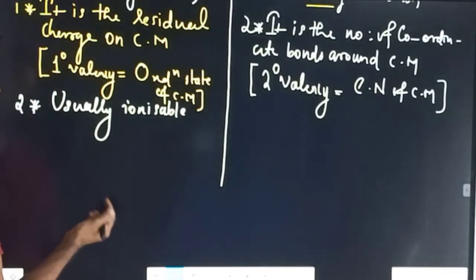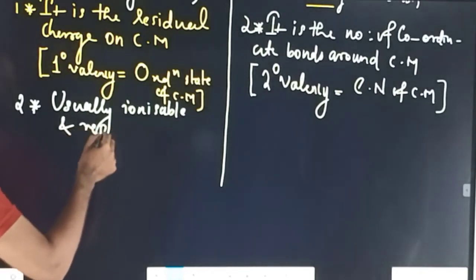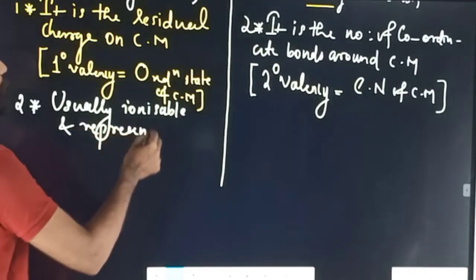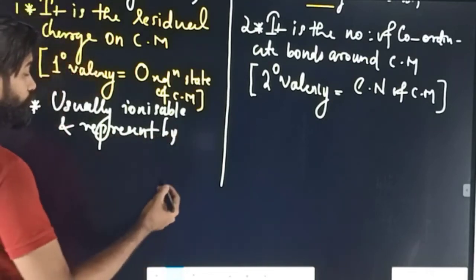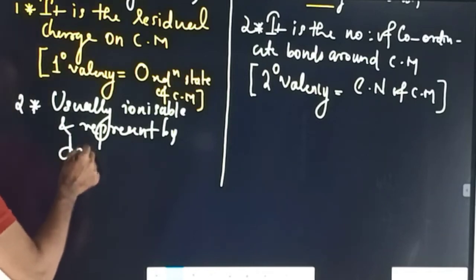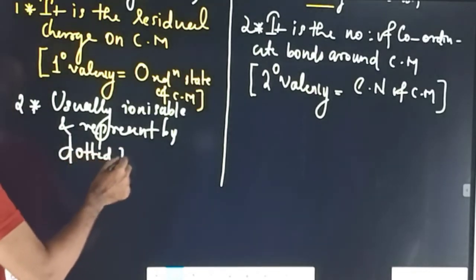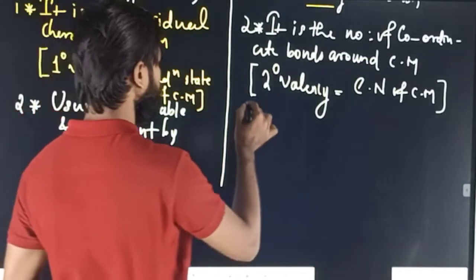So it is usually ionizable and represented by dotted lines.